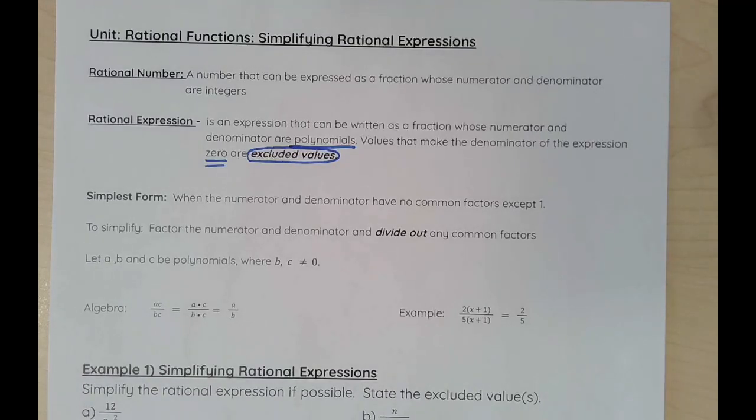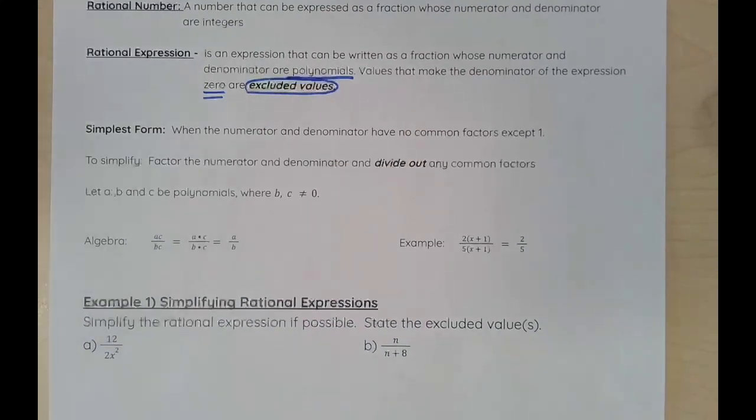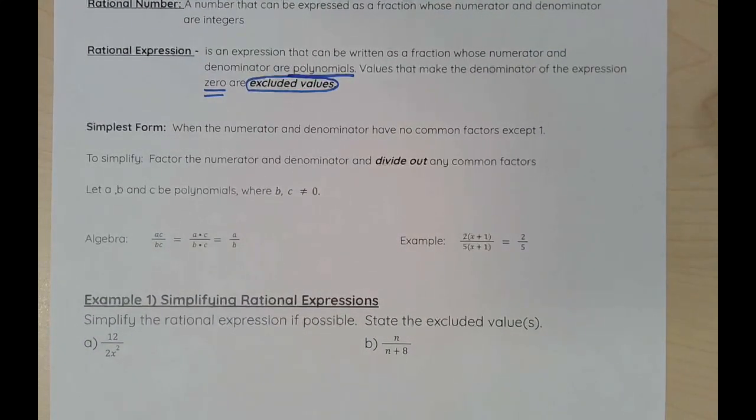So looking at simplest form. When the numerator and denominator have no common factors except 1, it's considered to be in simplest form. To simplify, factor the numerator and denominator and divide out any common factors. Looking at the first example, let A, B, and C be polynomials where B and C cannot equal 0.